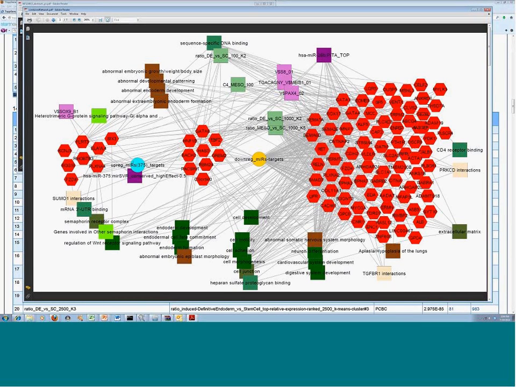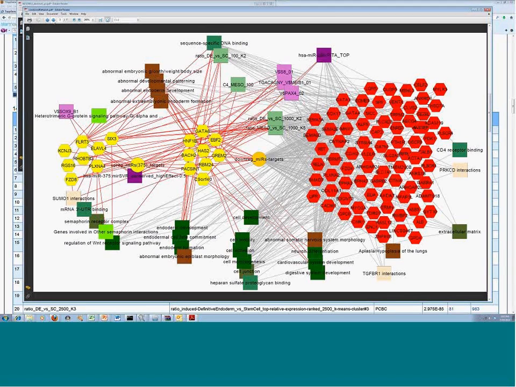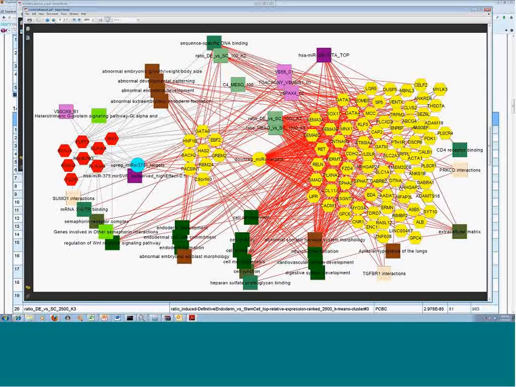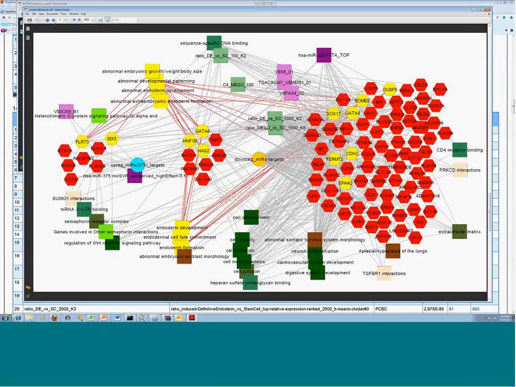Now dividing that DE signature into those genes that are the targets of MIR375 and other things they're connected to biologically, and all the genes that are connected to the downregulated miRs, what you're doing is polarizing, and this is the involvement of those genes in endoderm development and lineage commitment.